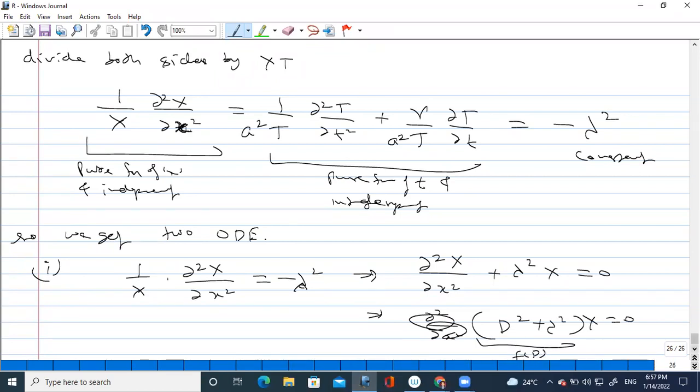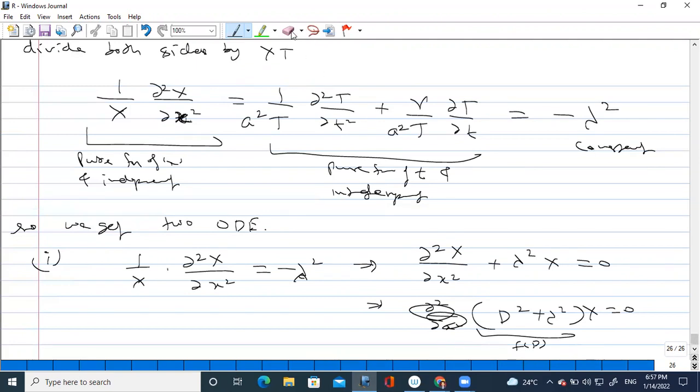Now to solve such a problem, put f(D) equal to 0. So this is your auxiliary equation. We have done it already. So D square plus lambda square equal to 0. D will be plus minus i lambda.